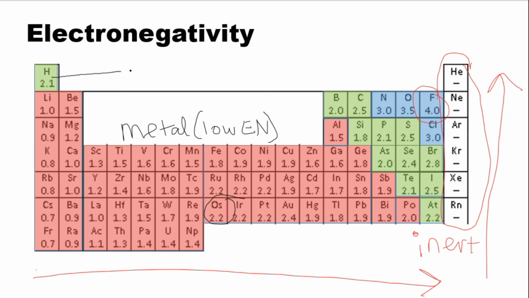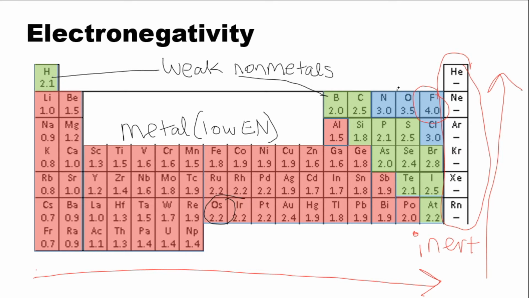Whereas hydrogen, boron, carbon, all of those in the green, are going to be your weak nonmetals. They are your nonmetals, but they don't really want electrons all that much. They'll take them if they have to, but not too much.